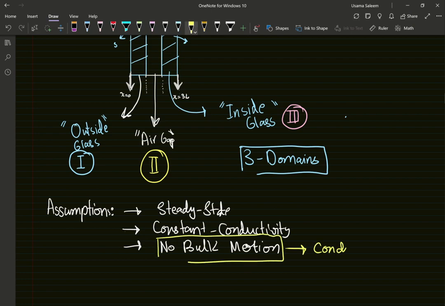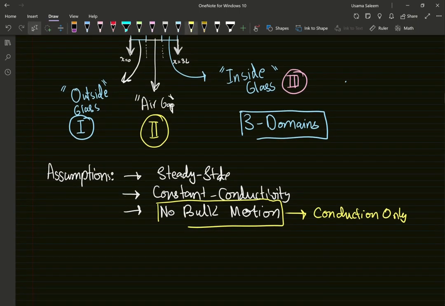Conduction only. One-dimensional conduction is easy to handle. And next up we have perfect contacts. I'm going to talk about perfect contacts in a bit.